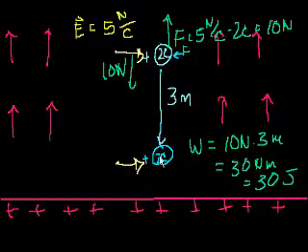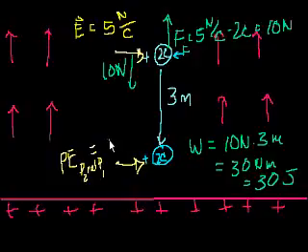So the electrical potential energy here relative to here, P2 relative to P1, I'm using my made-up notation, is equal to 30 joules.